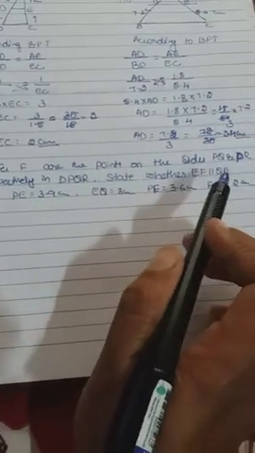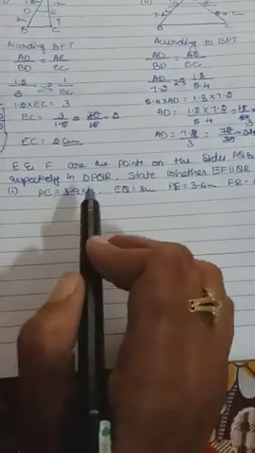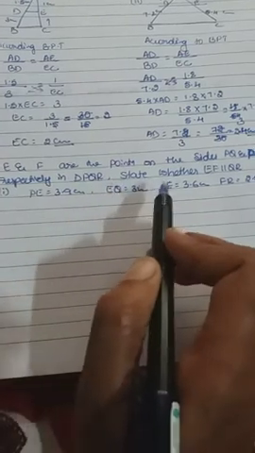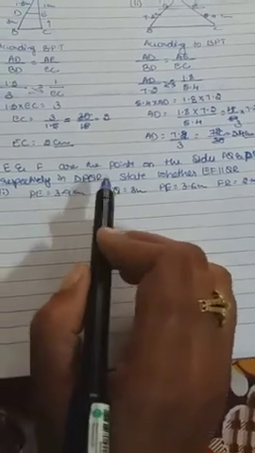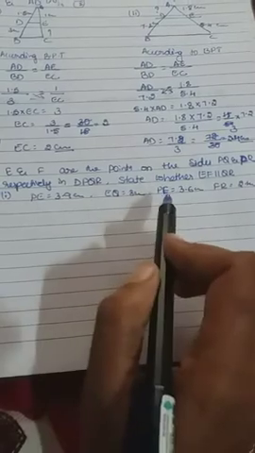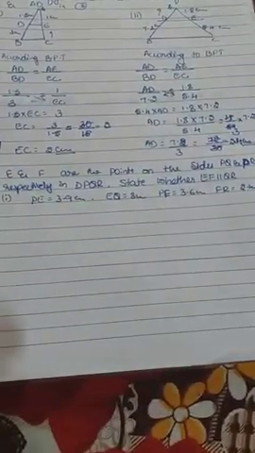E and F are the points on the sides PQ and PR respectively in triangle PQR. State whether EF is parallel to QR. If the ratios are equal, then we can call EF parallel to QR.